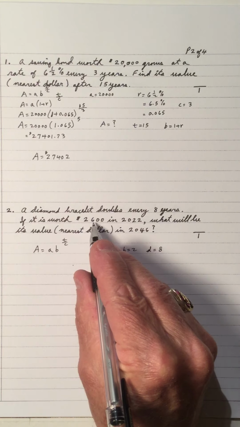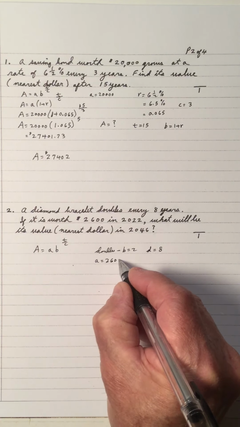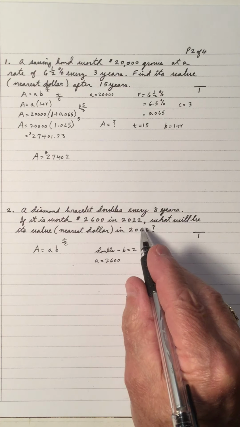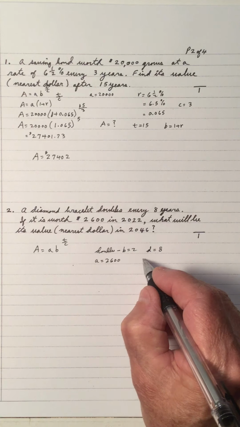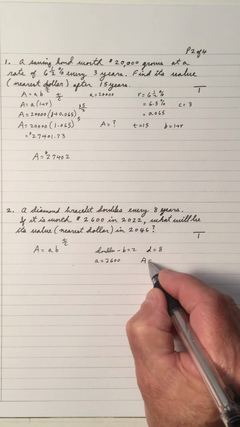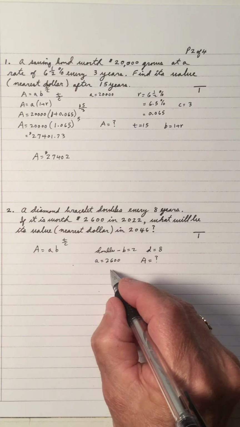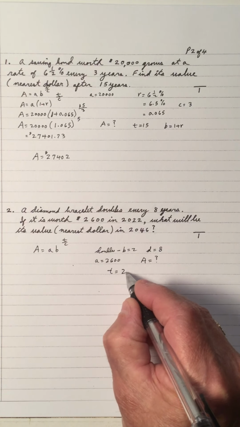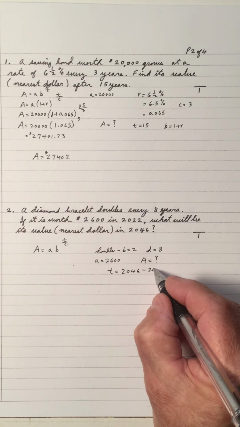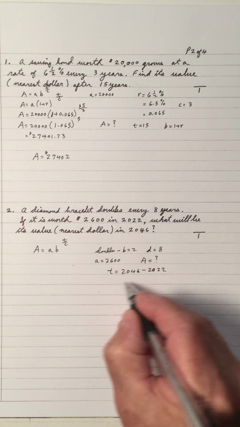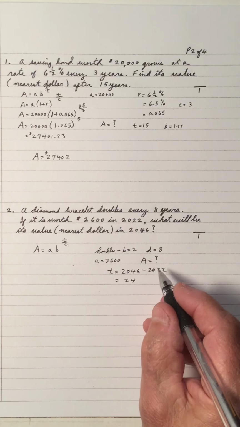The initial amount is 2,600, and we're looking for A, large A. The time is 2046 subtract 2022, which gives us 24 years.